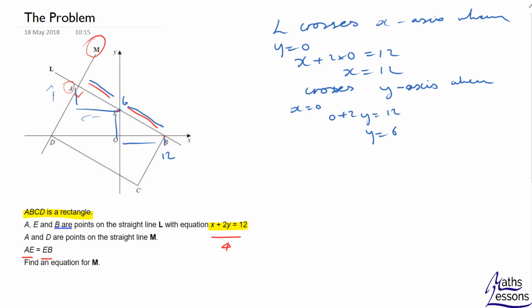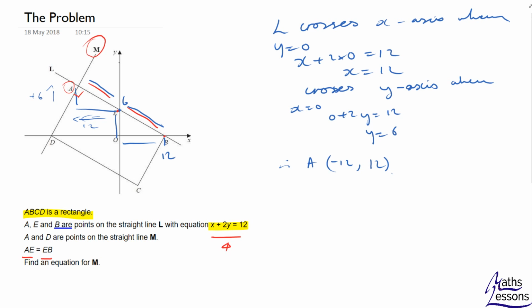So we're going to go a further 12 this way and a further 6 that way to get to our point A. So A will be at the point minus 12, comma, 6 plus 6 is 12. So we know that the point A is minus 12, 12. So we've now got our point the line goes through.